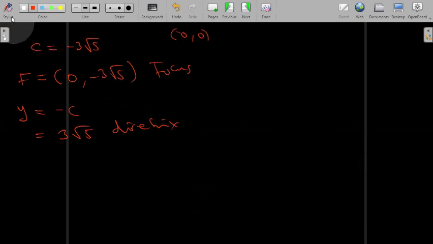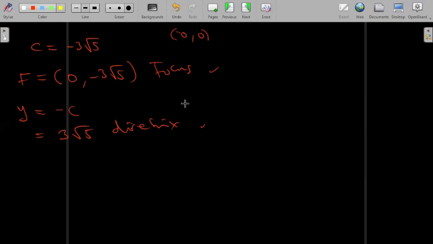I want to get my x and my y, such that I can be able to graph it on the xy plane instead of graphing it on the x prime y prime plane. Okay, so how do I do this? So that's my focus. What's important is the focus and the directrix, right? So now how do I do this?